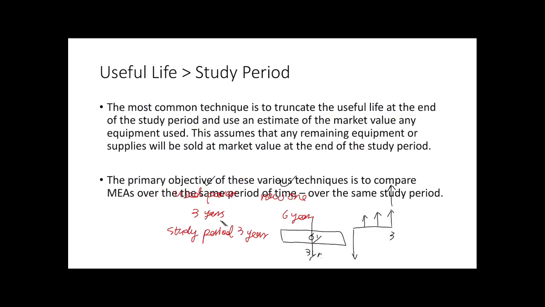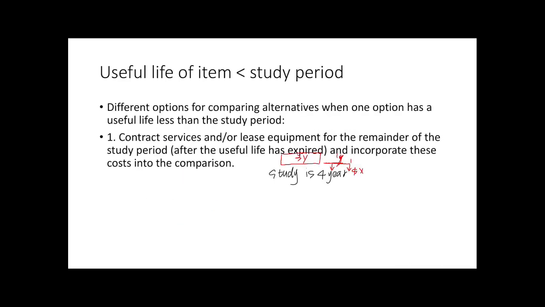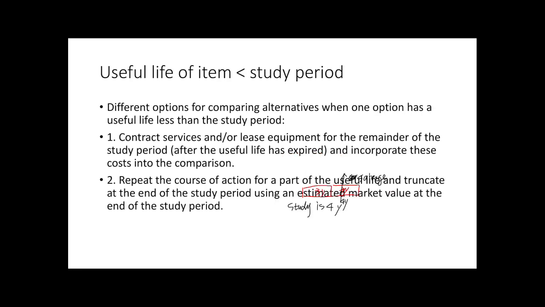We also learned some methods to treat the case when the useful life is bigger than the study period. We talked about the contract service and lease equipment method, where you just stop using that old equipment at the end of its useful life and then start to lease other equipment for the remainder years. The second method is to repeat the course of action several times and then truncate at the study period.